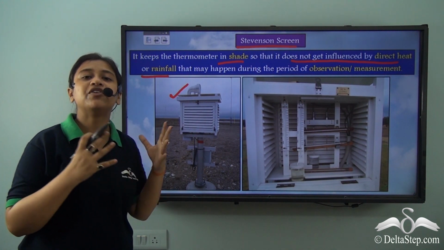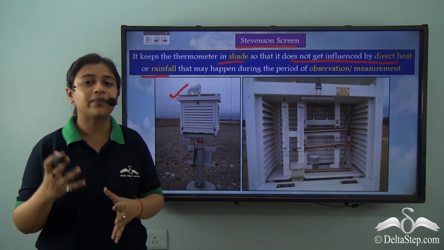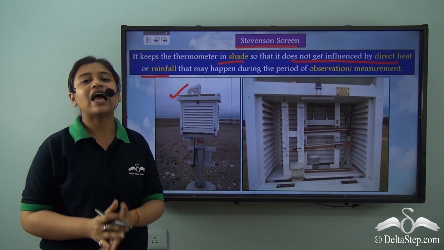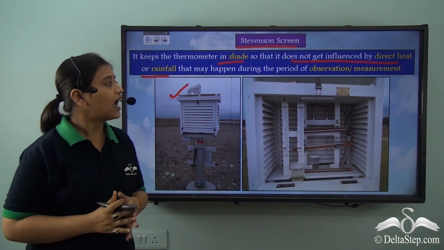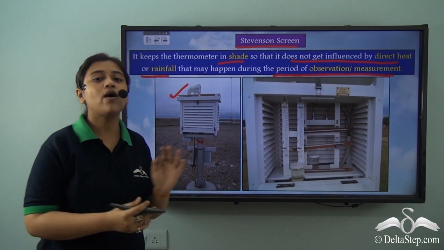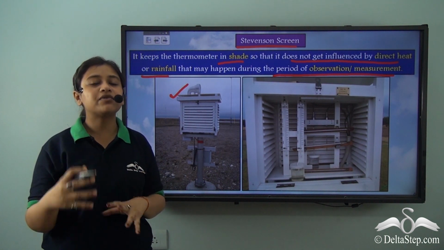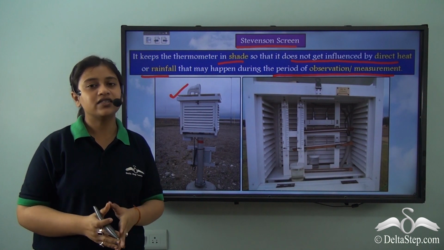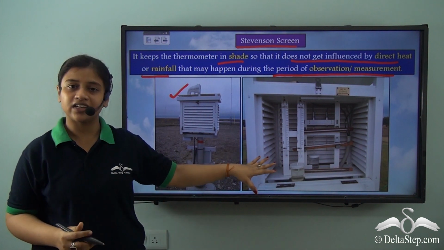So to prevent direct influence from heat and rainfall, it is kept in the Stevenson screen that acts as a shade, and it is done during the time of observation or measurement. So when the temperature is being recorded, it is made sure that the thermometer is kept in the Stevenson screen.